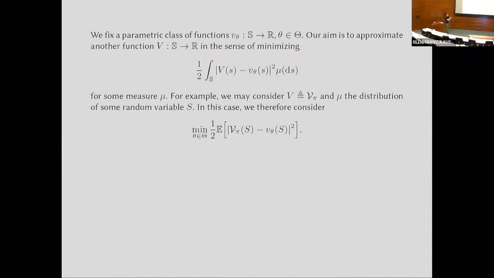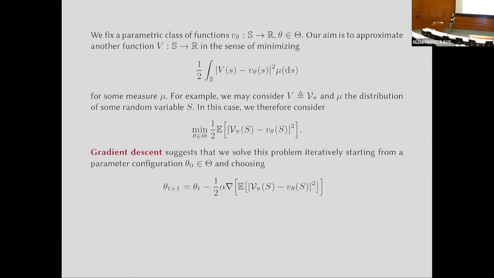And now, how would you choose, or how would you find theta? Well, the obvious thing to do is gradient descent, right? We start with an initial guess for theta, could be anything, and then you compute the gradient of this loss functional here, and you move in the direction of steepest descent.